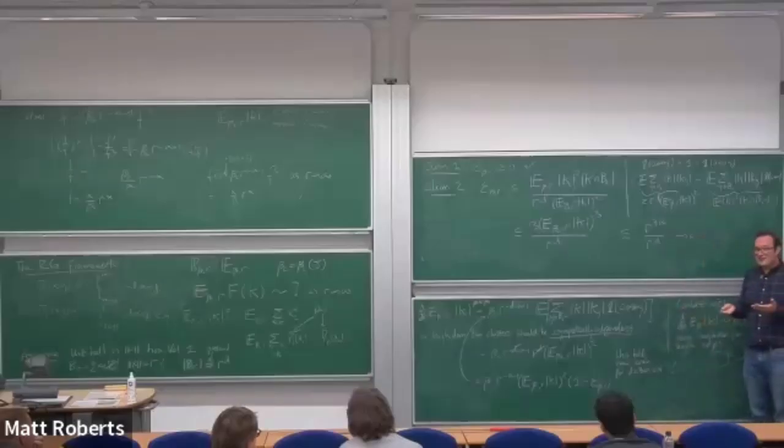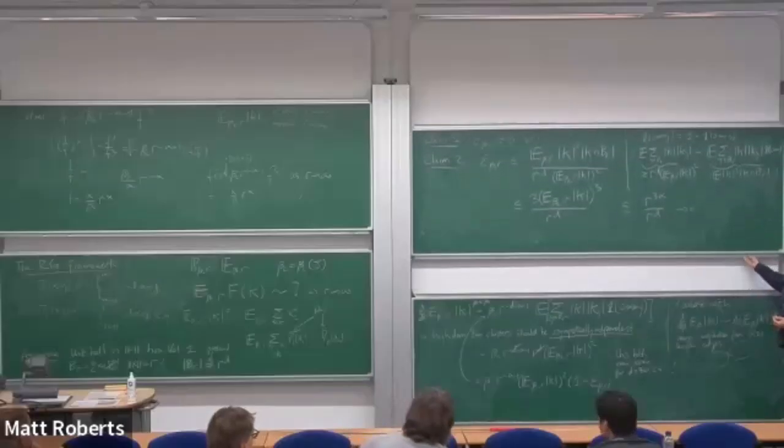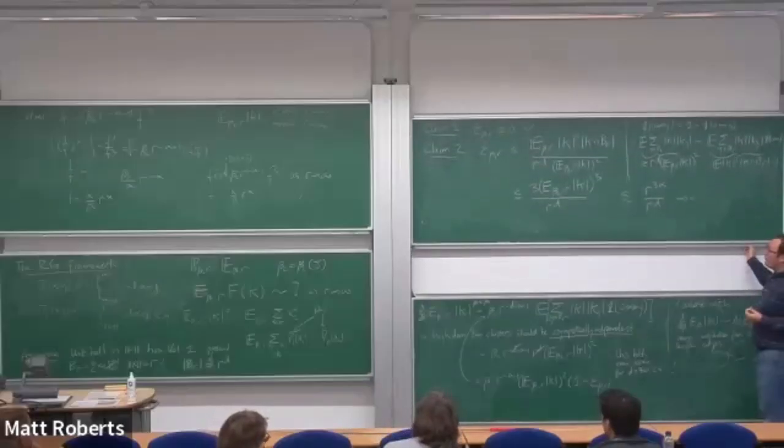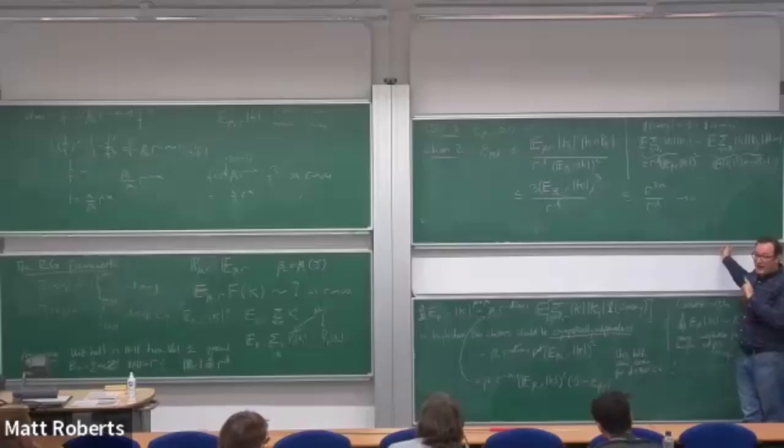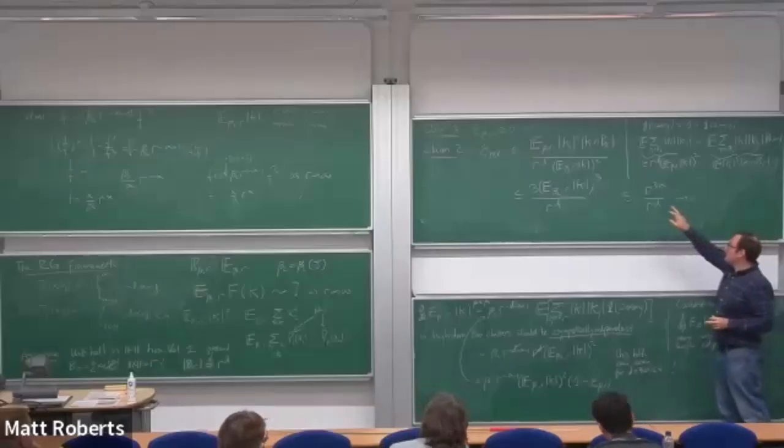Now of course, this is a circular reasoning, right? I'm saying like, if the error goes to 0, then the error goes to 0. But something actually quite nice is happening, which is that if the error is going to 0 at all, then it goes to 0 at least this fast, right?